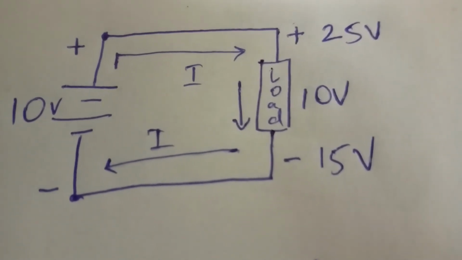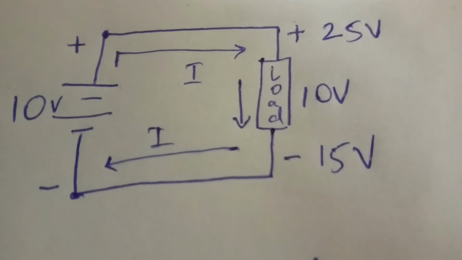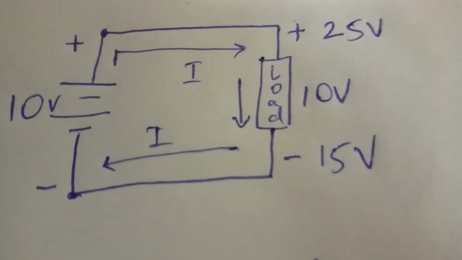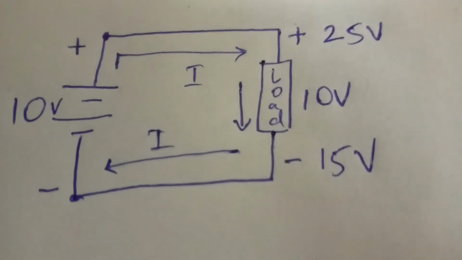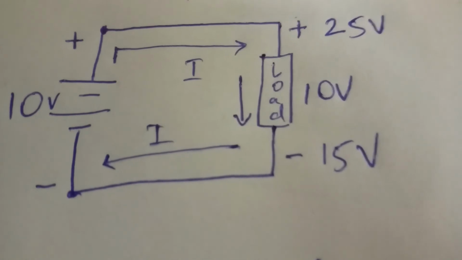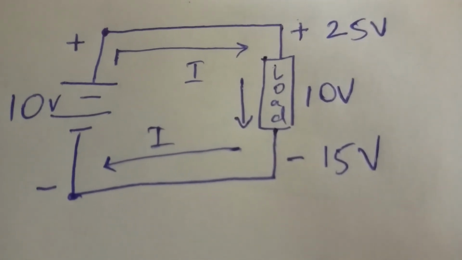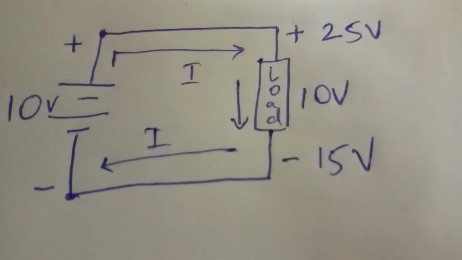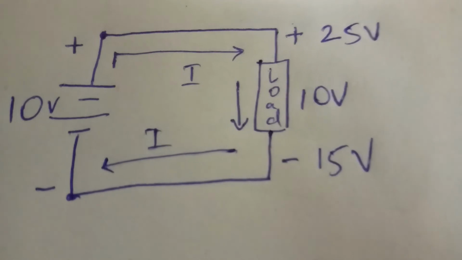So voltage and potential difference are the same terminologies, but electromotive force is a little bit different. In many engineering books, you will see electromotive force is taught as voltage because the standard unit, SI unit, of voltage, potential difference, and electromotive force is volts. Volts is the standard unit of all these quantities.